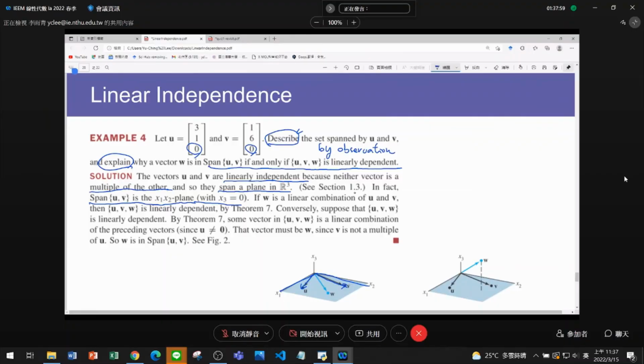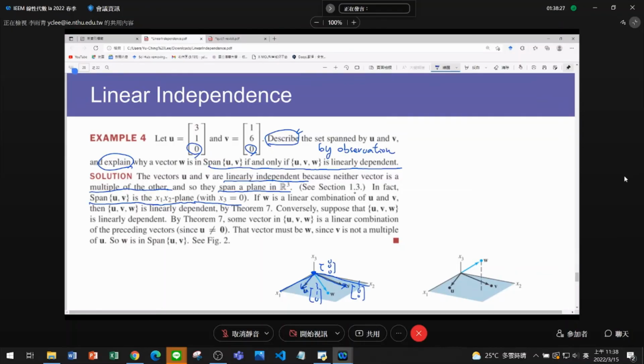Then I can draw the graph passing through the origin, through U, and through V, and find that the span of U and V is the x1, x2 plane. Then we explain the second part.